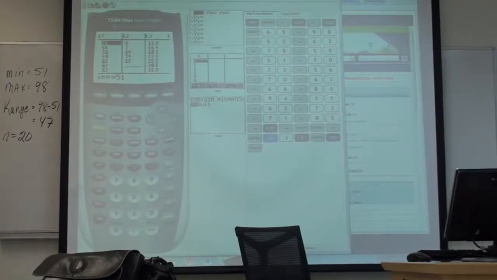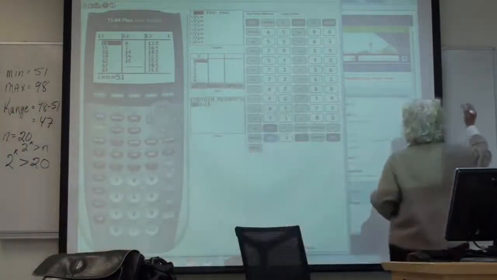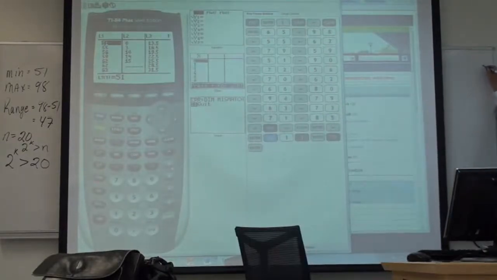So the rule is called 2 to the k, and it says that 2 to the k must be greater than n, in this case 20. So let me put that in here. 2 to the k must be greater than n. So the powers of 2, if I have somewhere to write, down here, I'll write. So our powers of 2 are 2, 4, 8, 16, 32. So this is the one we need.